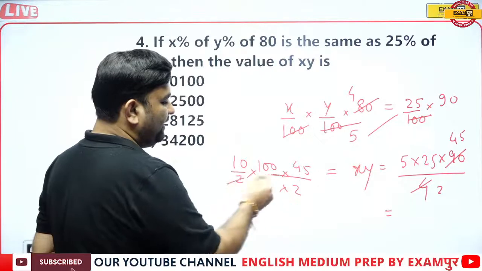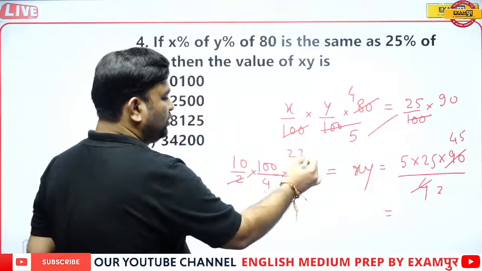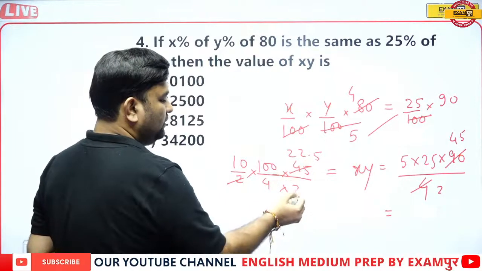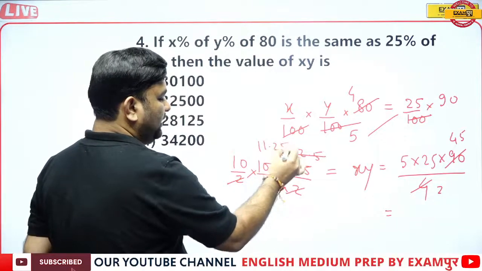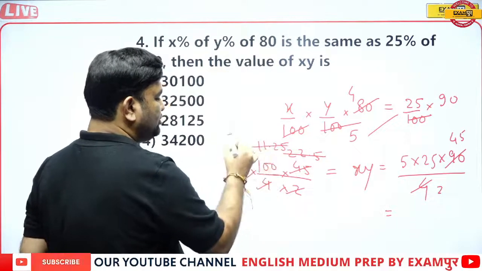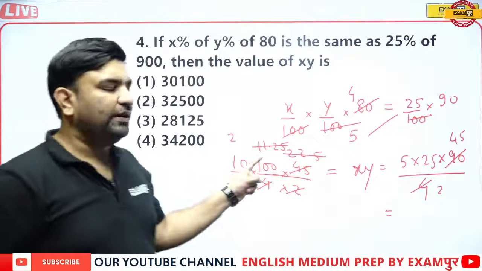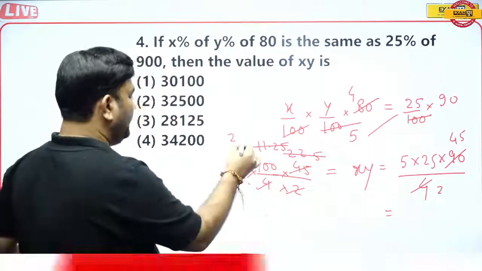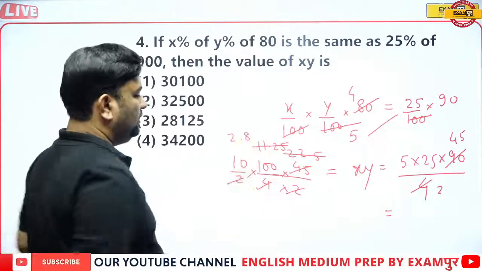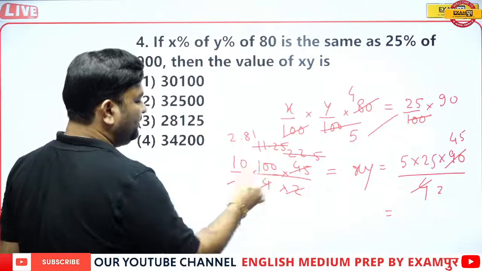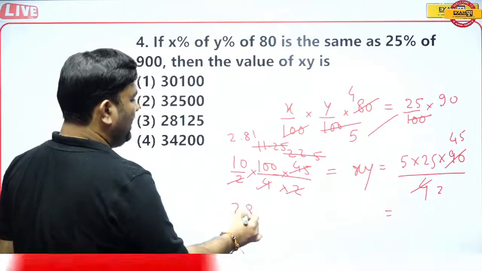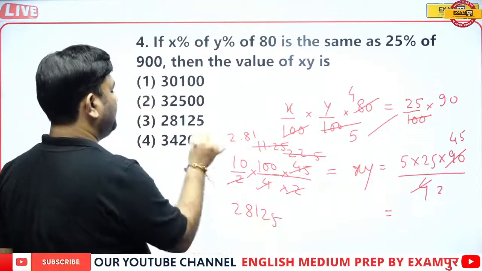Now I will simplify each and everything. It is 22.5, then it will become 11.25, and then 4 2 ja 8, after 8, 32, 4 8 ja 32, then 4 1 ja 1. 2.81 into 1000, so 28125 is the answer.